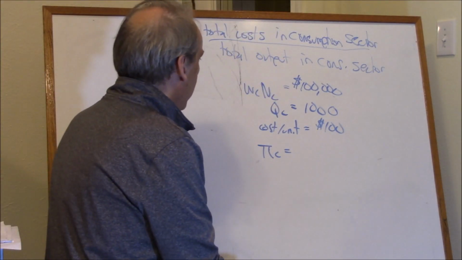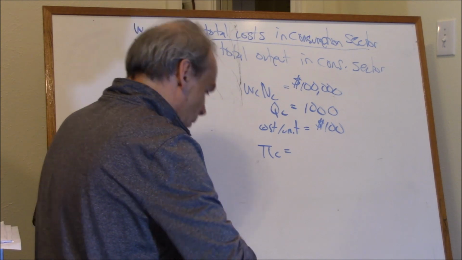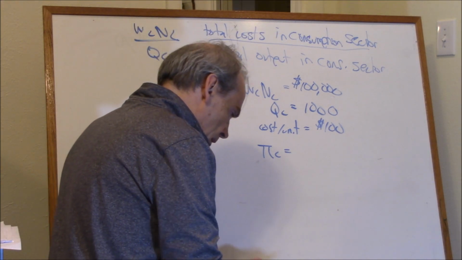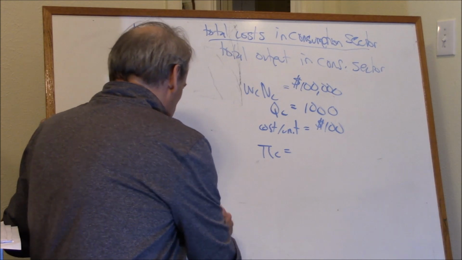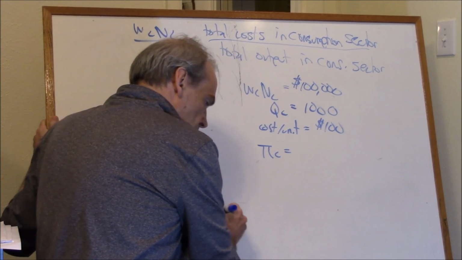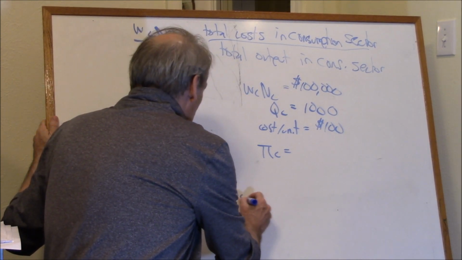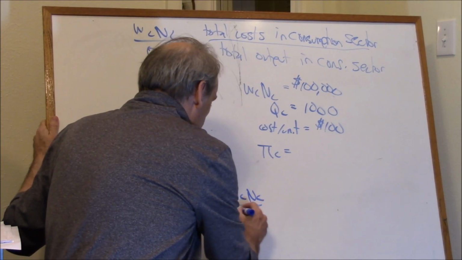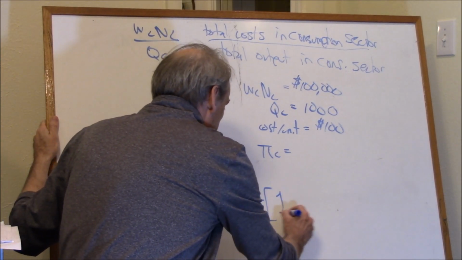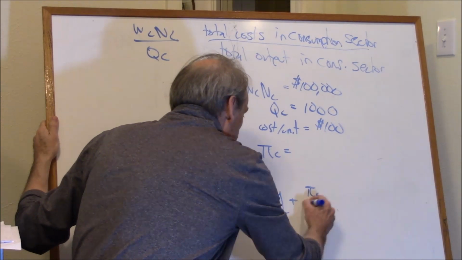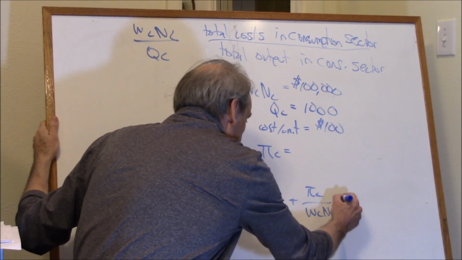And let's see, 100,000 over there. Let me write my equation down here again so I can be thinking about what number I want to make up for this last one. PC is equal to WC NC over QC times 1 plus pi C over WC NC.